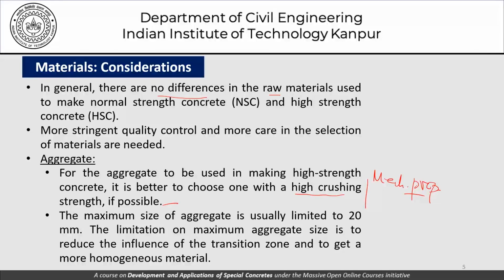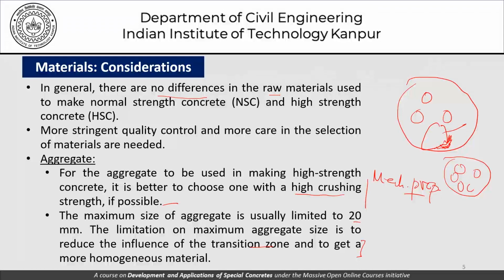The maximum size of aggregates is usually limited to 20 mm. The limitation on the maximum size aggregate is to reduce the influence of the transition zone and to get a more homogeneous material. So if we have in that concrete slide that we traditionally use like this, if I have a very large particle here, then it tends to have a different distribution around the intermediate transition zone and tends to make the concrete less homogeneous compared to a concrete which will have particles of smaller size.